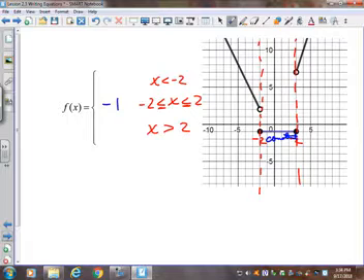Now, to get these other two straight line equations, we're going to have to first find the slope, because these are both linear. So I'm going to count up 1, 2 over 1 to the left. So my rise over run on this side is negative 2 over, well, it's really negative 2 over negative 1, which is negative 2.